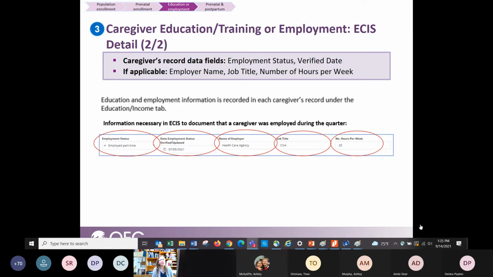For the quarter July to September, if you enter July 15 that your caregivers are in school or working, whatever, because both will qualify, if that's the case, July 15, you're done. You don't have to go in at the end of September to do it again. Exactly. Enter as you go is your verification.